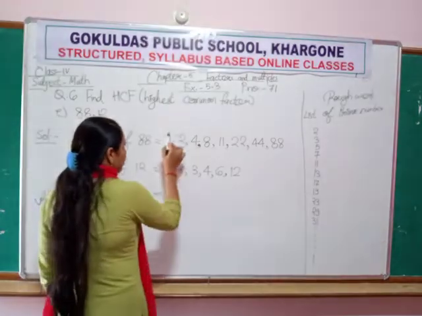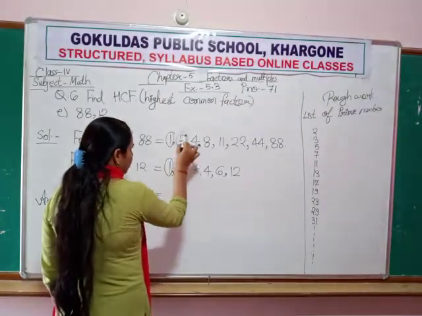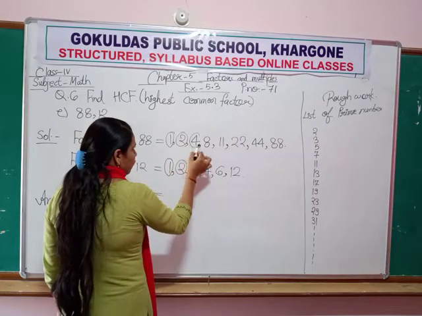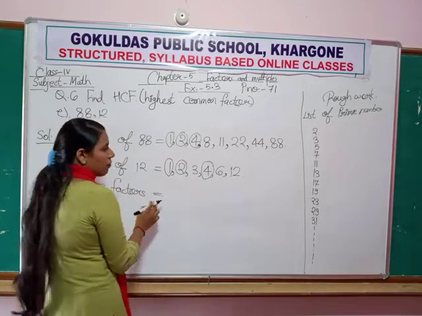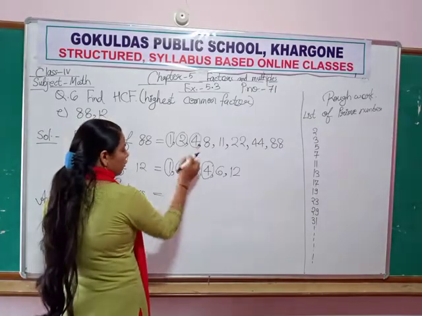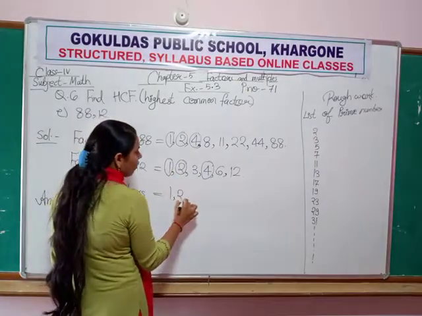Now circle the common ones. 1 is common, 2 is common, 4 is common. Is any other number common? No. Now write the common factors: 1, 2 and 4.